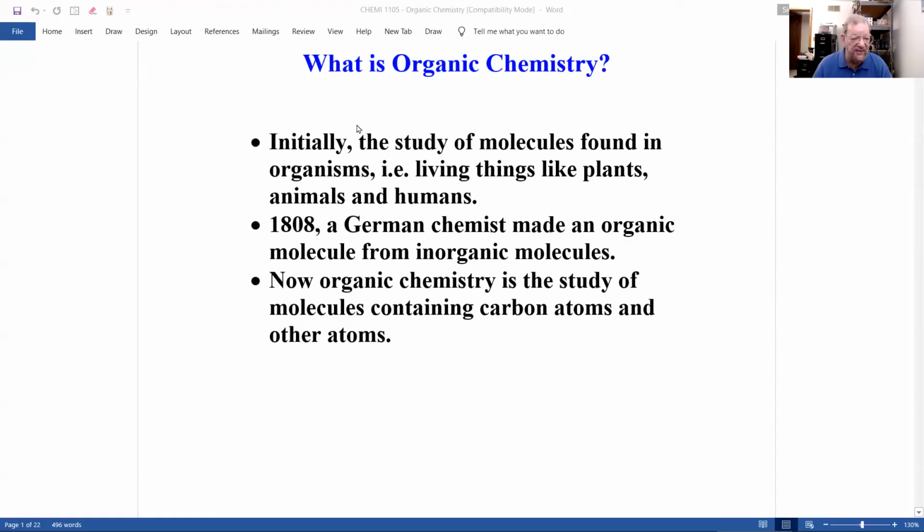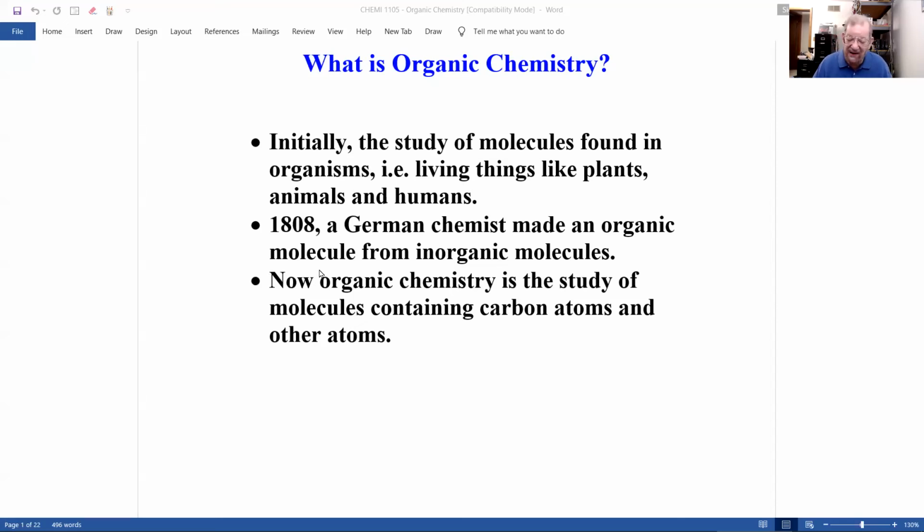But what does the word organic mean, or organic chemistry? Well, initially, organic chemistry got its name from the study of molecules that were in living things like plants, animals, and us, humans. But about 1808, a German chemist made an organic molecule from something inorganic, from molecules that didn't come from things that were alive.